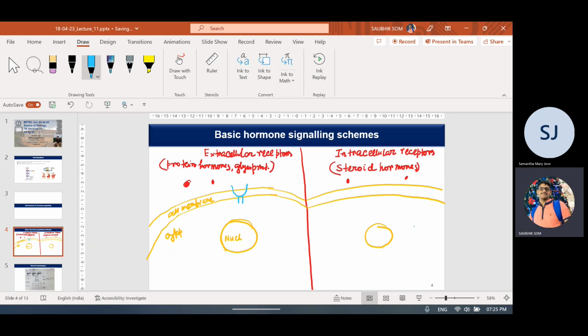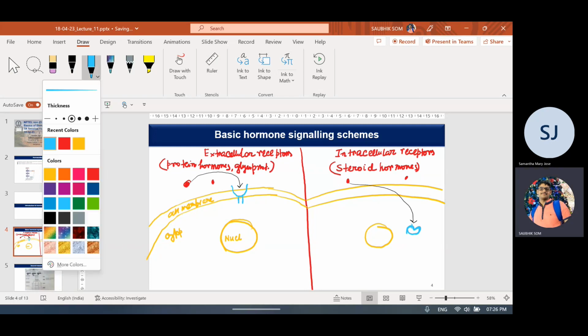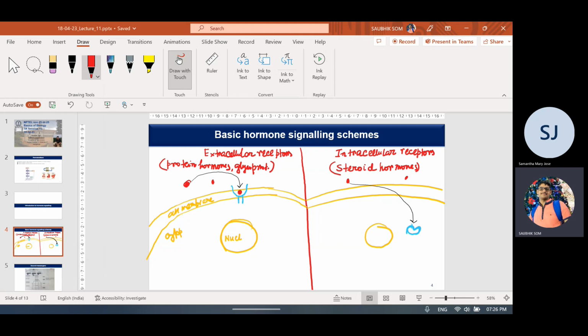In the other case, the receptor will be present in the cytoplasm or in the nucleus. So the hormone will go and bind to this receptor here. In this case, the hormone will go inside the cells and bind to the receptor. In one case the receptor binding will be here, and in the other case the receptor binding will be here.